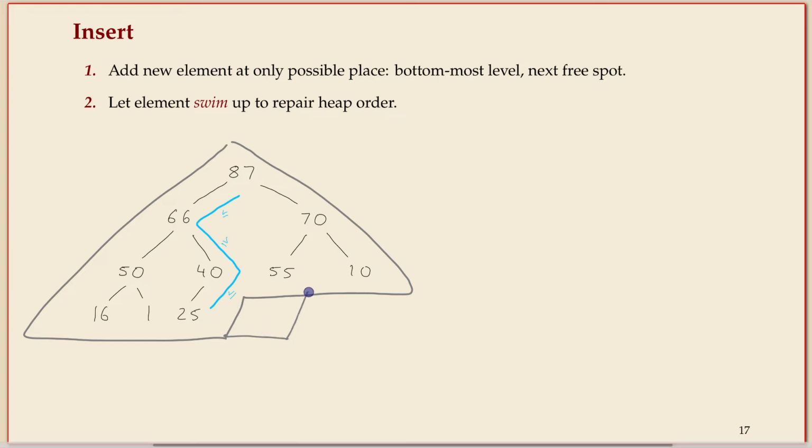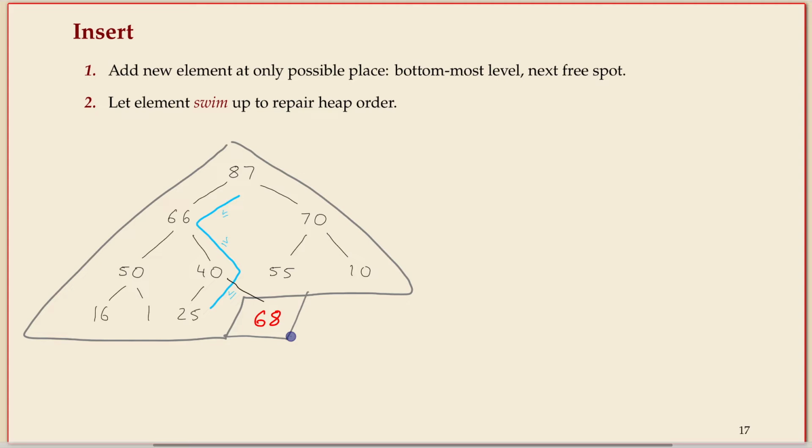So I inserted 68. Now, my drawing is not so nice, but this is, of course, the left child of 40. That's brilliant. So the shape is satisfied. We have a new complete binary tree, just one bigger.